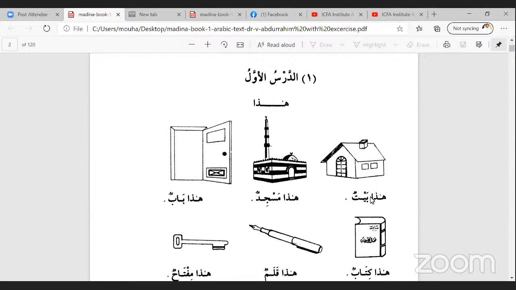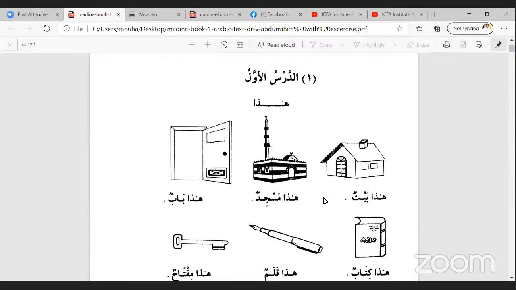You can say a house, baytun, or the house, al baytu, without two dhammas, with only one dhamma. So when you say hadha baytun, you're saying this is a house.